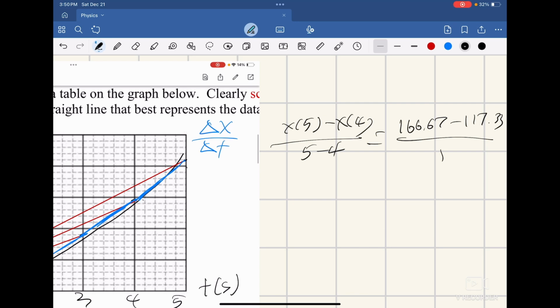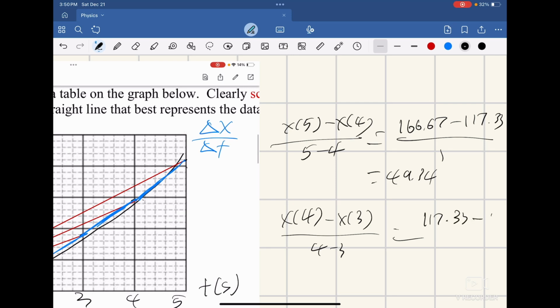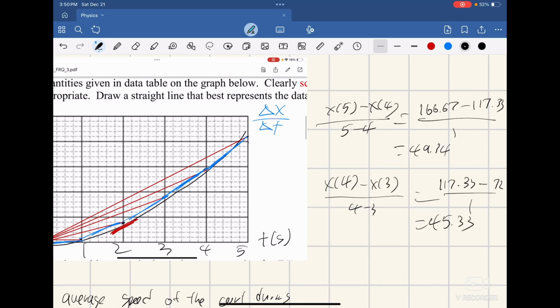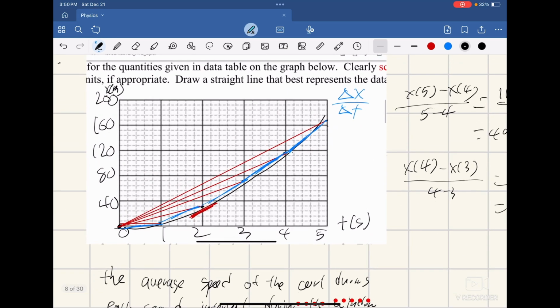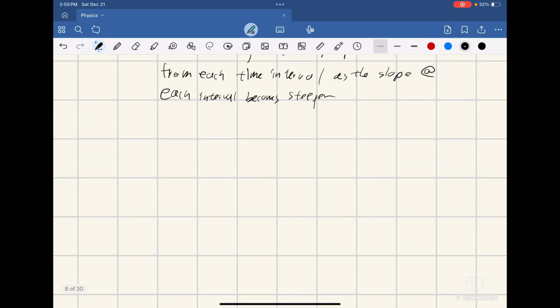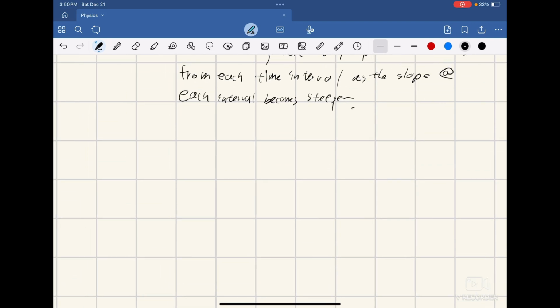That gives us 49.34. And then x of 4 minus x of 3, over 4 minus 3, is 117.33 minus 72 over 1, and that gives us 45.33. So we proved it both mathematically and by looking at the graph. I won't write it down though, because I'm kind of lazy.